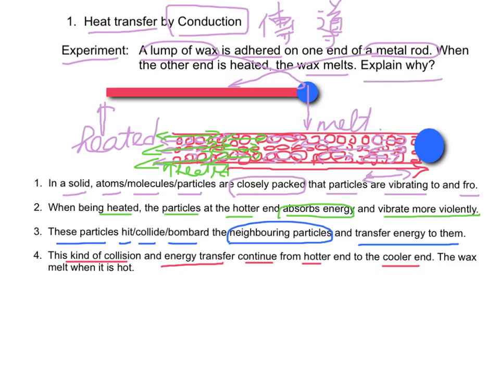When the wax gets enough energy, the temperature becomes hot, and eventually the wax will melt. The kind of heat transfer through the above process is called conduction.